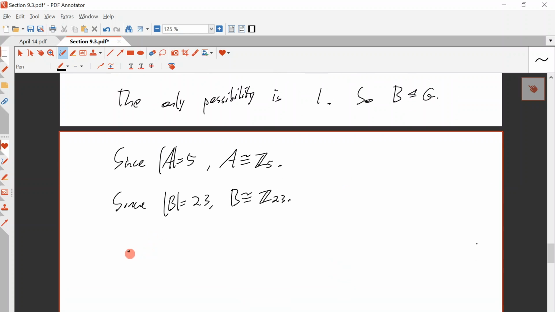The order of A intersection B is a common divisor of 5 and 23, because it's a subgroup of A and B, which is 1.